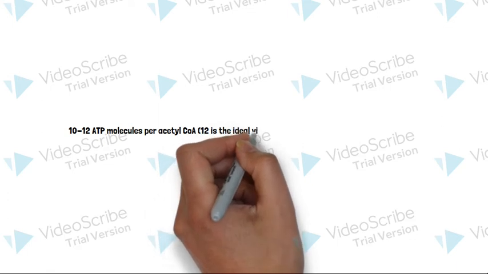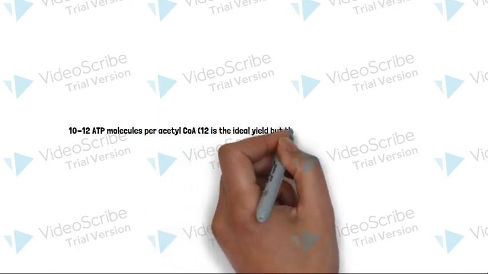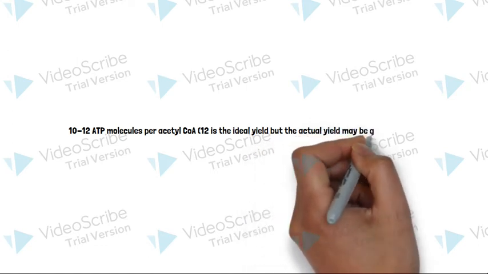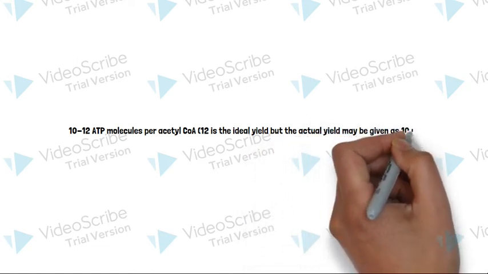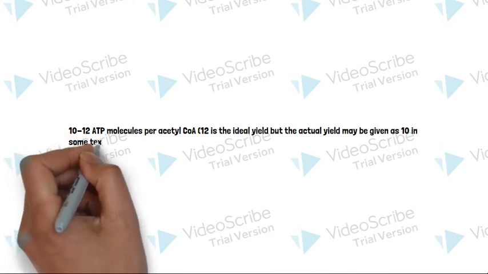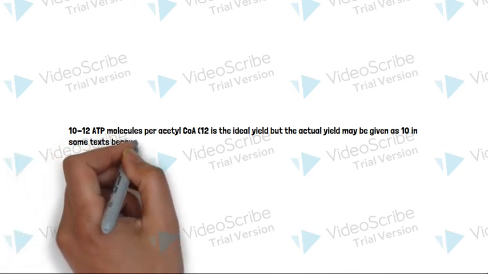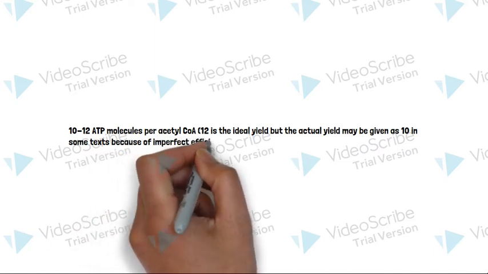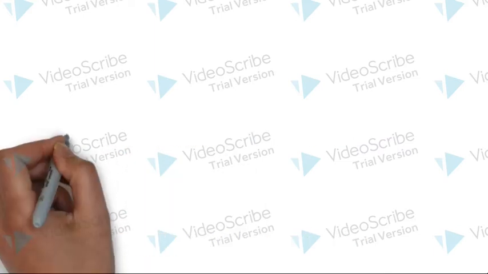So finally you will get 10 to 12 ATPs. 10 in some books, 12 as mentioned in other books. 10 because there is a belief that some energy is used in this cycle for generating ATP.